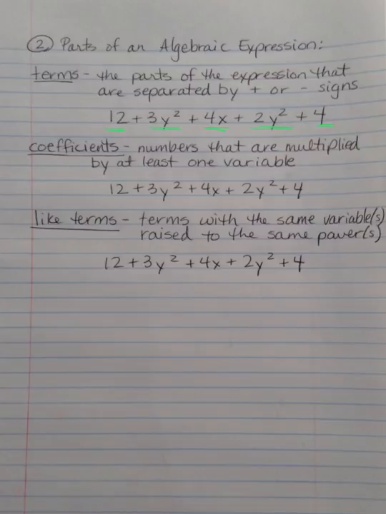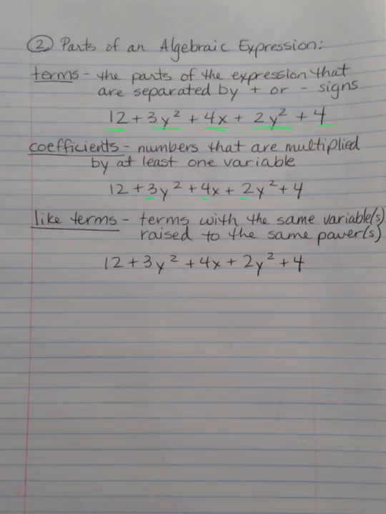And so my coefficients in this particular problem are going to be the 3, because it's multiplied by y squared, the 4, because it's multiplied by x, and the 2, because it's multiplied by y squared. Now, coefficients will not be 12 or 4 because they are not being multiplied by a variable. So in this case, we have 3 coefficients.